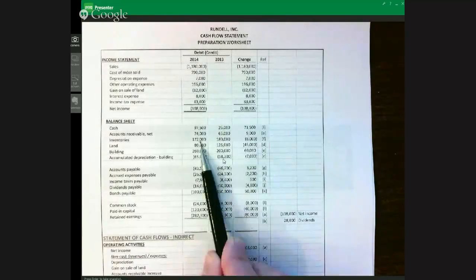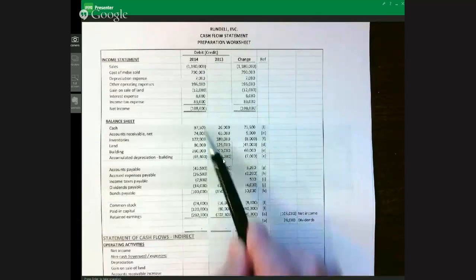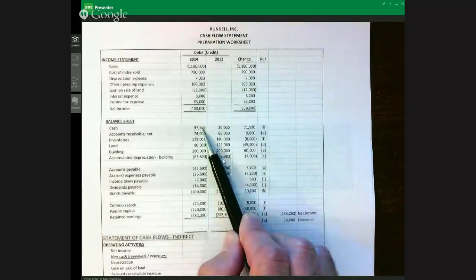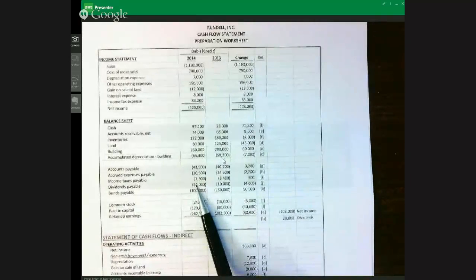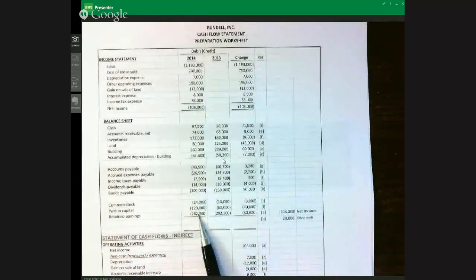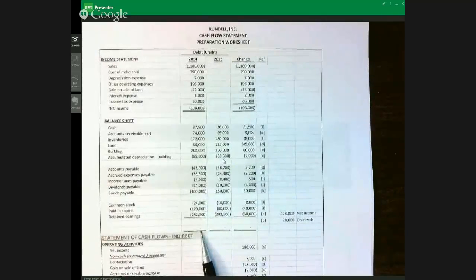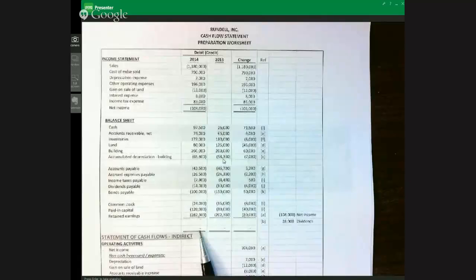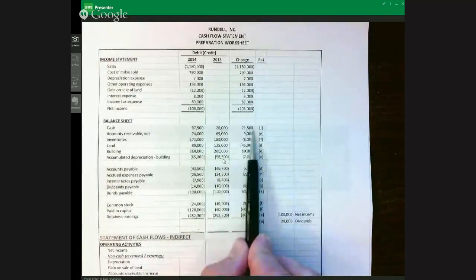So if the total of the assets equal the total of the liabilities plus owner's equity, if we would take the total of the assets and deduct the liabilities and deduct the owner's equity accounts, that difference would be zero. We know assets equal liabilities plus owner's equity.